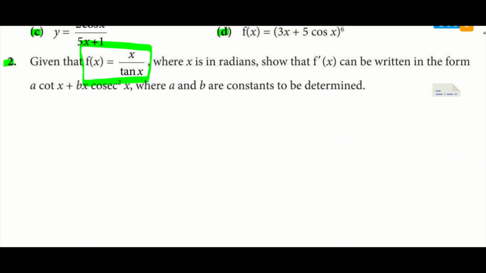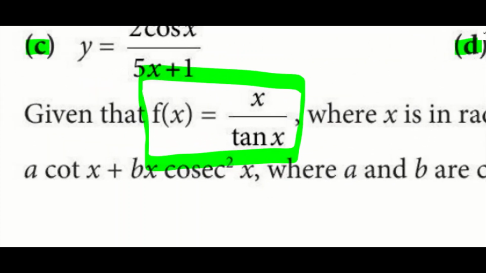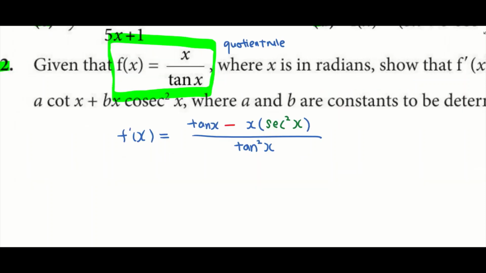Now I'll take a look at this function. x over tangent x. Come, class. What rule shall we use for this? If I can't simplify the fraction further, quotient rule. You guys have good intuition. Quotient rule, because I see the fraction. But the thing is that I'm not done after I do quotient rule, because I need to show that it looks like this.